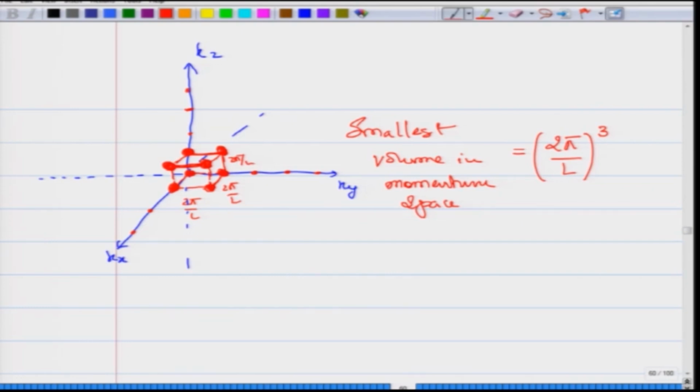Now, let us go back to the counting that we had done.